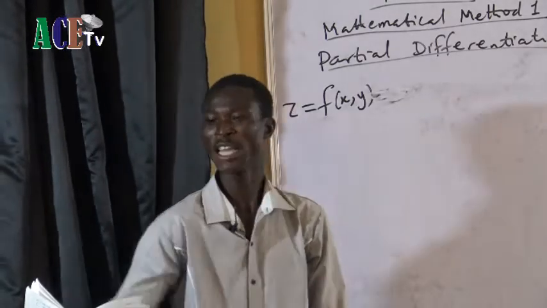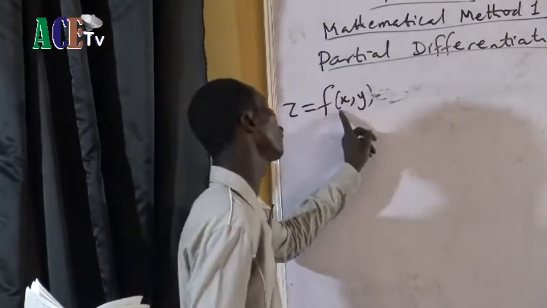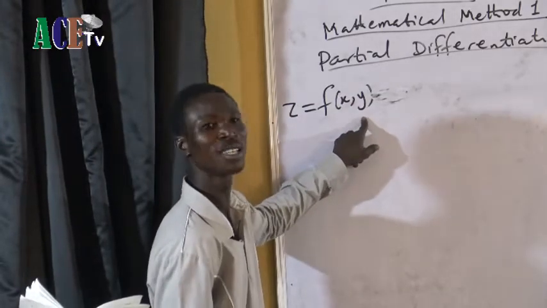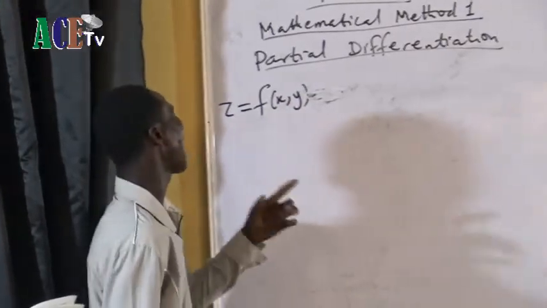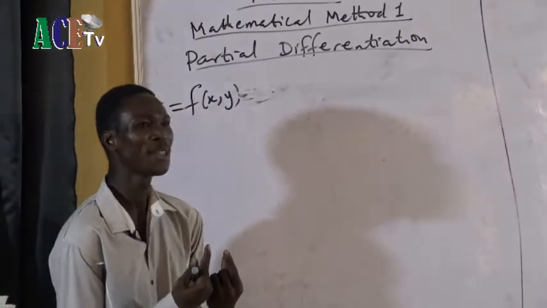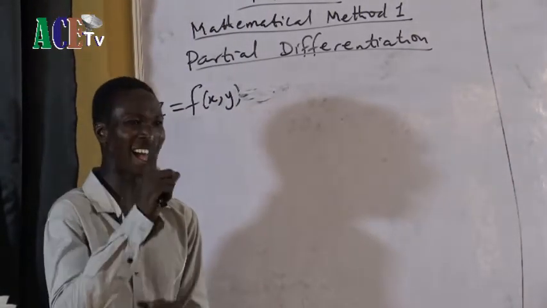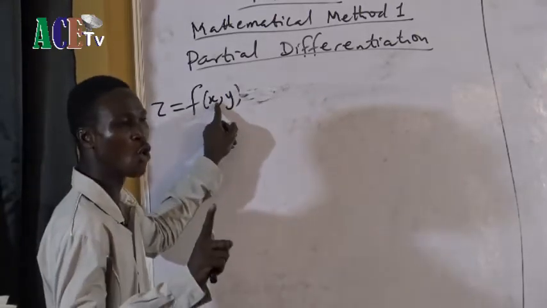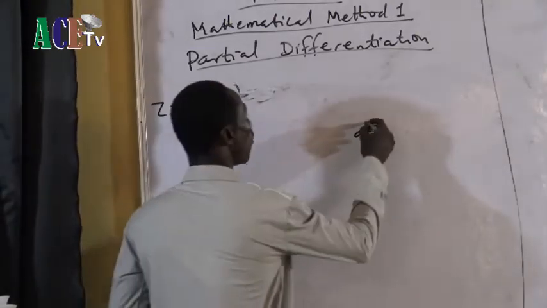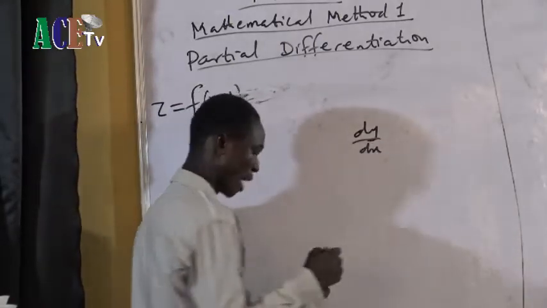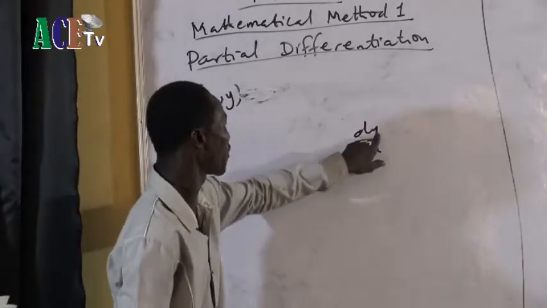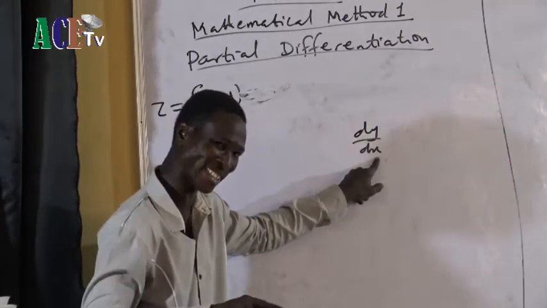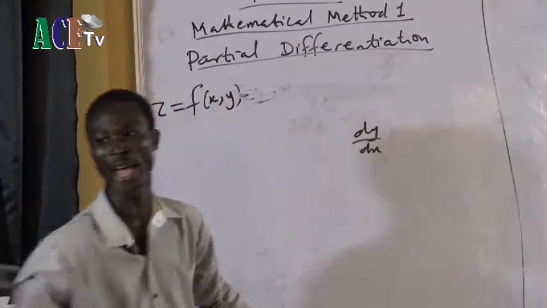Now let's go. If I want to differentiate this function of two variables, what I would need to do is consider one of them at once. For example, if I want to differentiate this function with respect to x, the dy/dx that I used to write means you are differentiating y with respect to x.